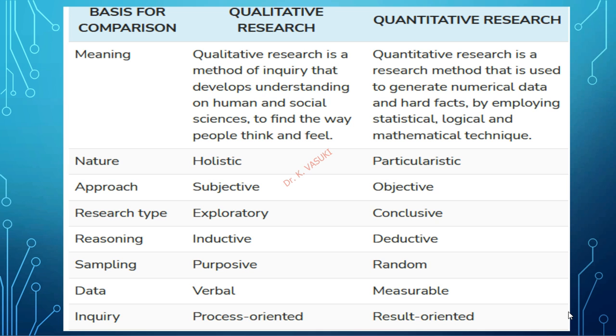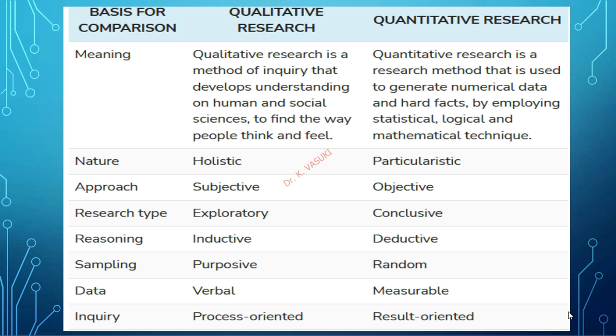The information gives a clear understanding about human and social sciences, because qualitative research is used to find out in-depth understanding of human behavior, their experiences, humans' attitudes towards something, and their intention and motivational factors. So we cannot measure it.